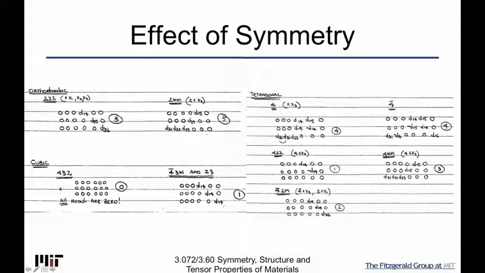As you go to cubic, there is actually no way. This is kind of interesting. Again, just like the case where we have inversion, in the cubic case of 432, there's so many axes in here that when you try to make the properties invariant under the 4-fold, the 3-fold, the 2-fold, it turns out that you can't do it.